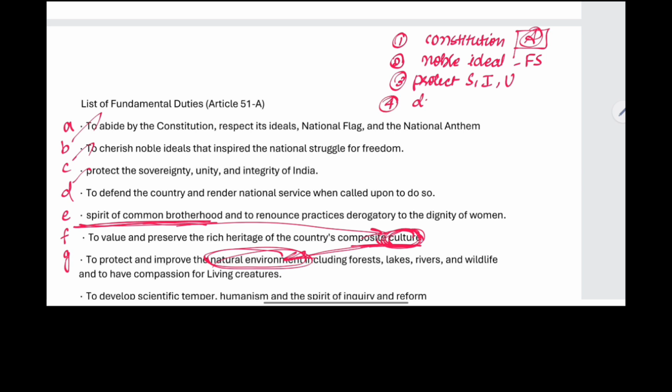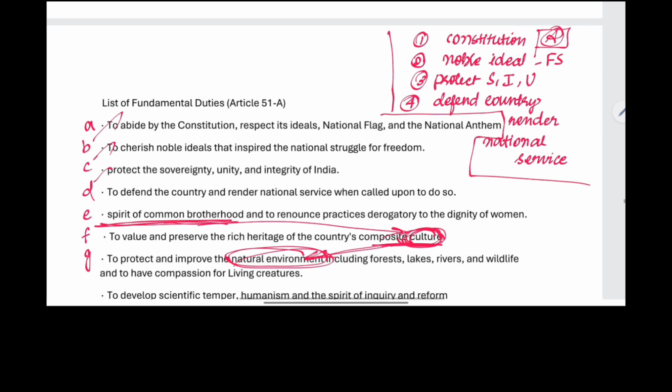To protect this, we need to defend the country and render national service. They say that we have to do the national service. It is not a job, it is a service. National service when called upon to do so, right? This is how we are speaking at the country level.